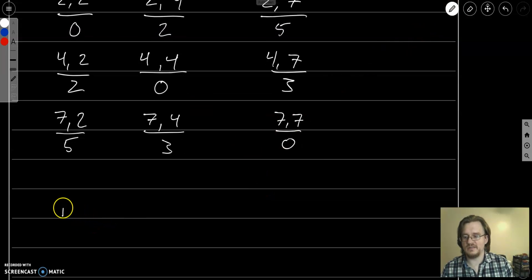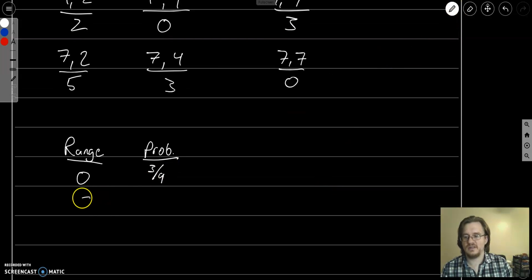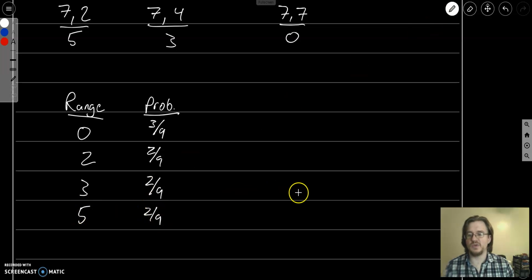So again, these are all the ranges for all of the different samples. Let's make our little graph. We've got the ranges, and then the probability that if you picked one of the ranges at random, you get that particular range. So 0 is a potential range, and it happens 3 out of the 9 times. 2 is a range, and that happens 2 out of the 9 times. 3 is a range, that happens 2 out of 9 times. And 5, and that happens 2 out of the 9 times.